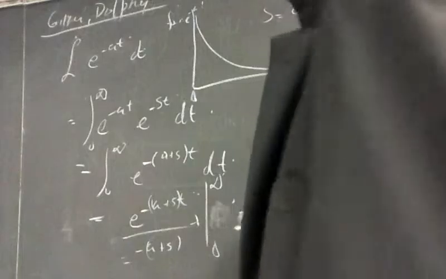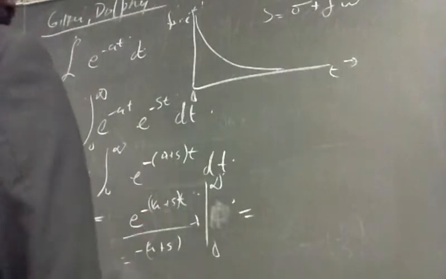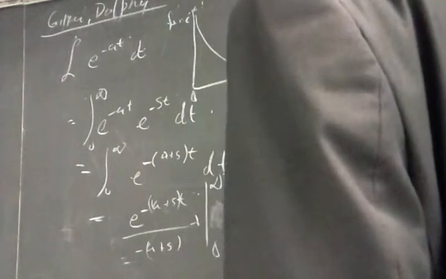This function, as it tends to infinity, tends to 0, and that upon a constant will be 0. And e to the minus 0 is 1, anything to the 0 is 1.